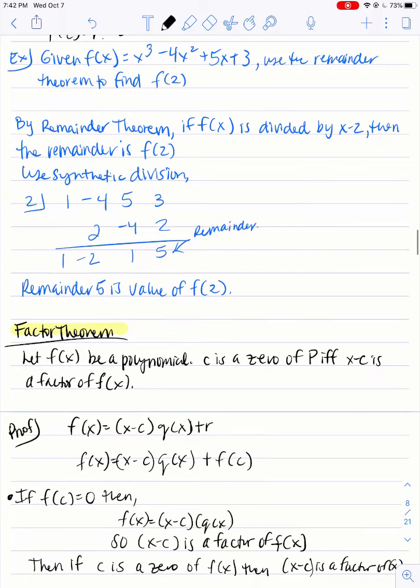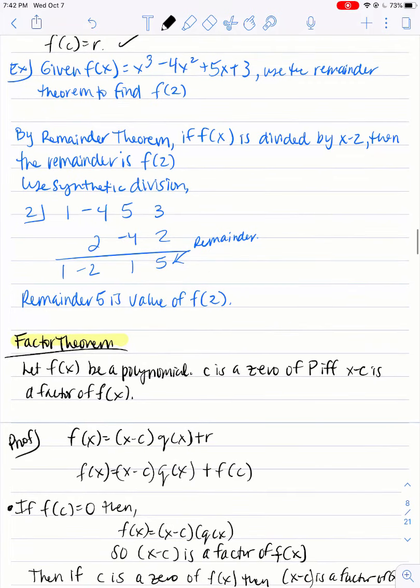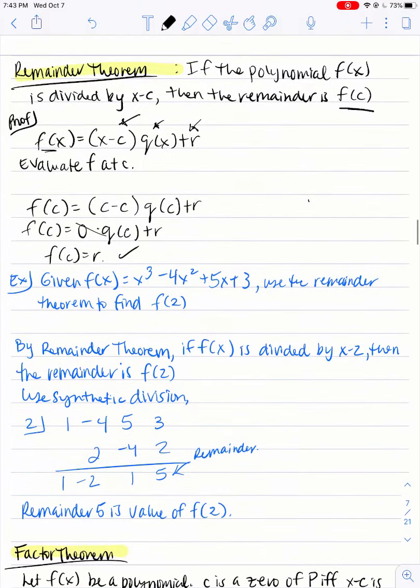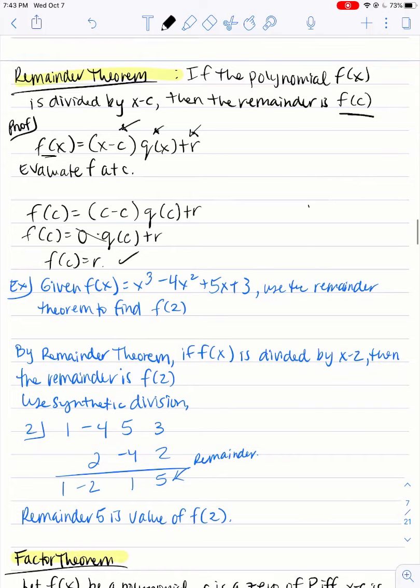Alright, so here's an example. Given f of x equals x cubed minus 4x squared plus 5x plus 3, we're going to use the remainder theorem to find f of 2. By the remainder theorem, if f of x is divided by x minus 2, then the remainder is f of 2, because our c is 2.